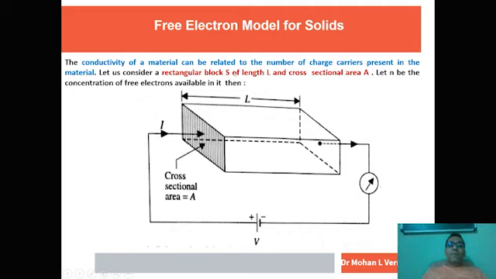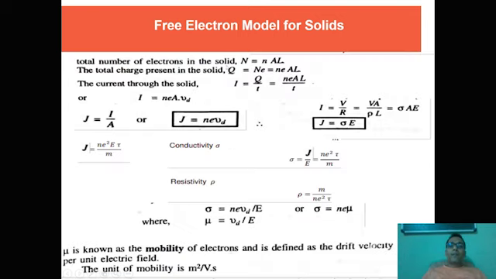So the conductivity of a metal can be related to the number of charge carriers present in the material. Let us consider this block of cross section area A and length L. So the total volume will be A multiplied by L, and this is connected with this battery. The total number of electrons in the solid is n times volume, where n is the charge density, the number of electrons per unit volume.